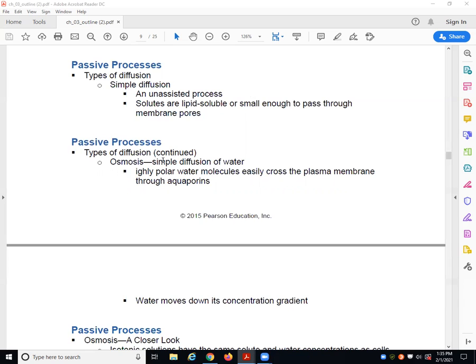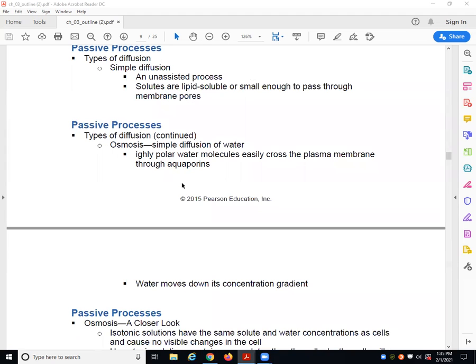Highly polar water molecules go easily across the plasma membrane through proteins called aquaporins, which are just little pores or channel proteins. The water itself is going down its concentration gradient. Wherever the concentration of water is higher, it's going to move to where the concentration of water is lower.